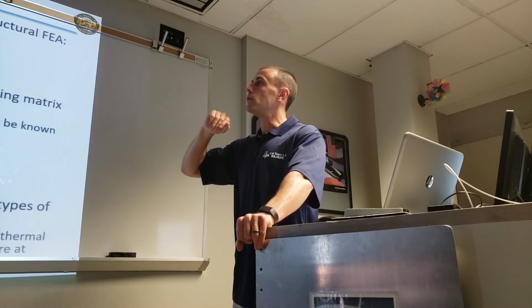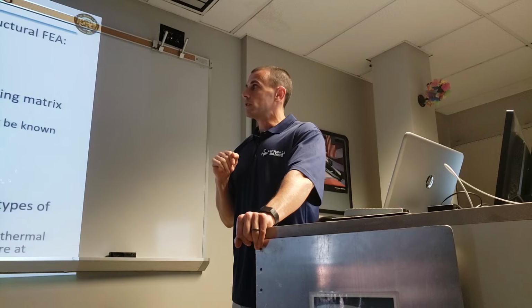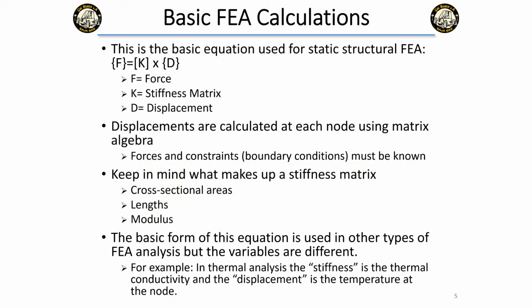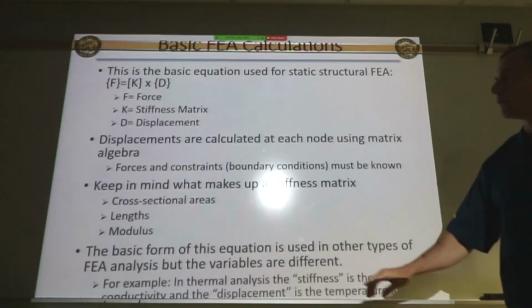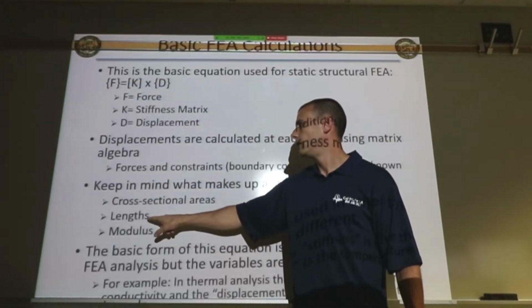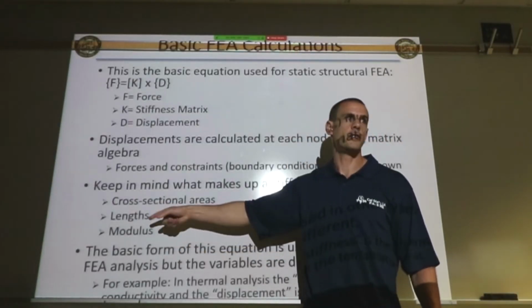That's basically what's going on. Keep in mind what K is. It's the stiffness matrix, which is cross-sectional area, length, and modulus. So material properties will change it, and your geometry will change your outputs.